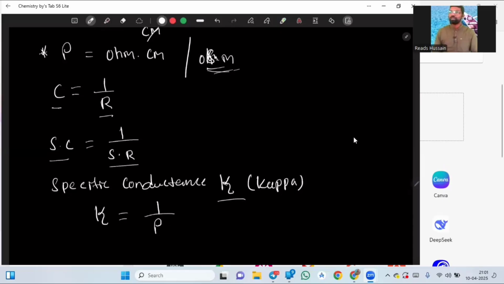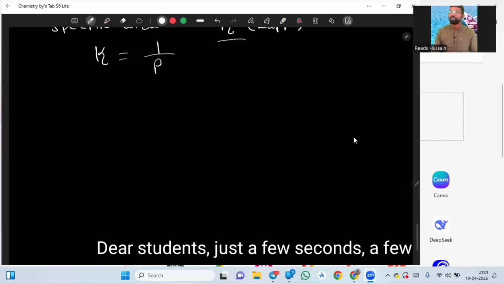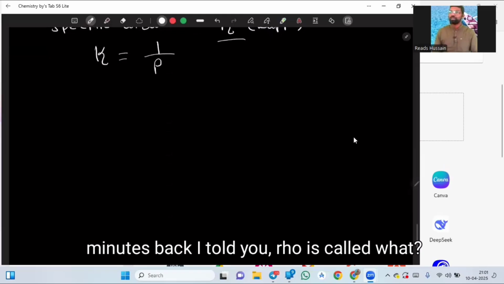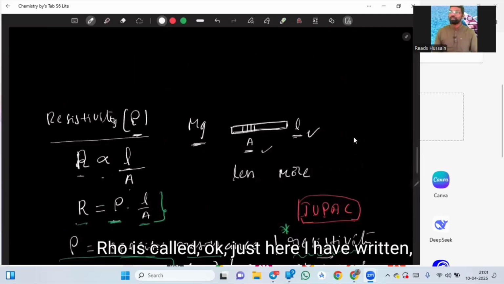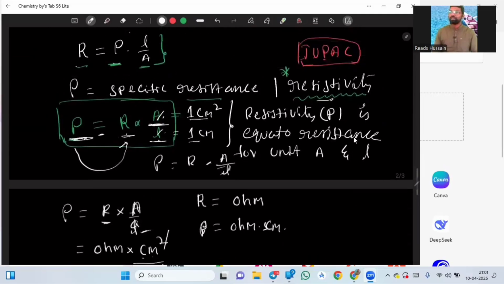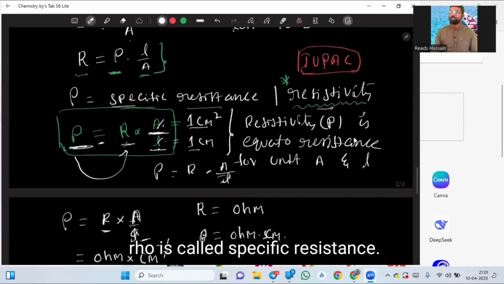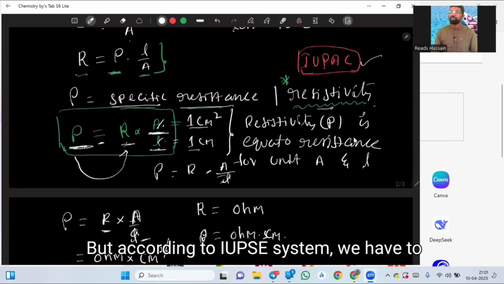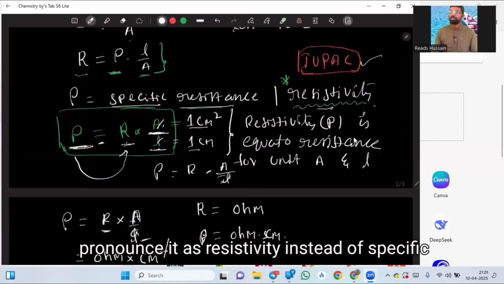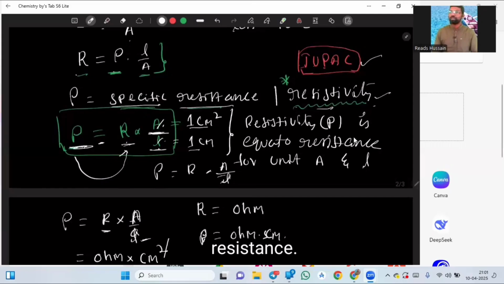Dear students, just a few minutes back, I told you rho is called specific resistance, or it is also called resistivity. But according to IUPAC system, we have to call it resistivity instead of specific resistance.